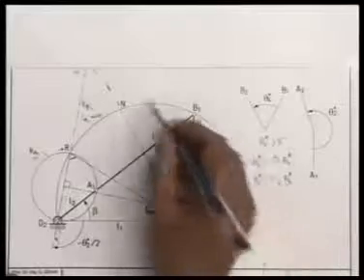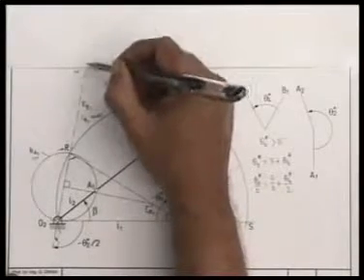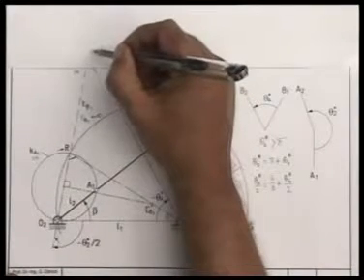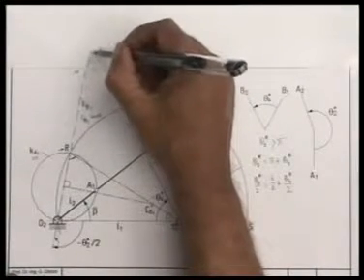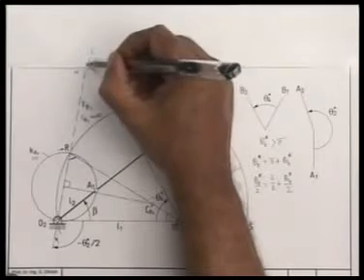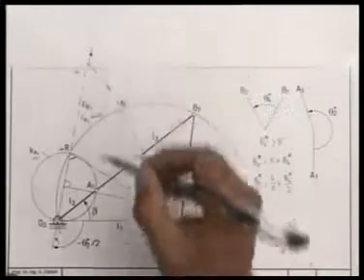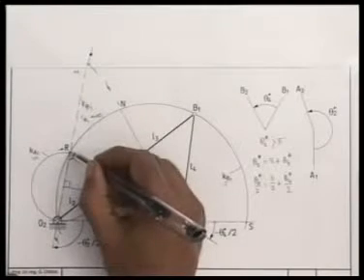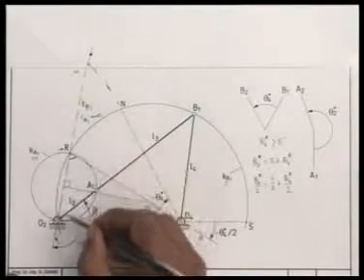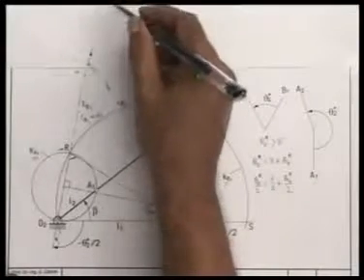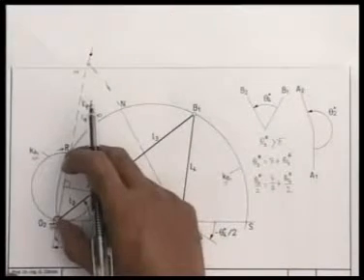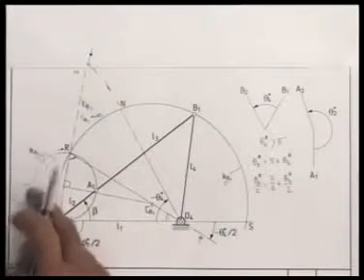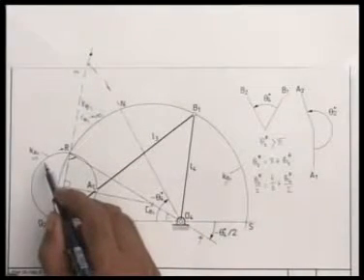Then B1 can be taken anywhere on this line, but beyond this point N, say here, and O2A1 will always be equal to O2R. That means we get infinitely many designs, but every time the crank length remains the same as O2R, because KA1 is this circle which has not changed.